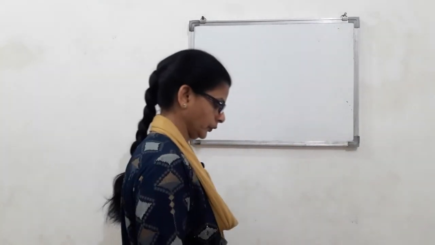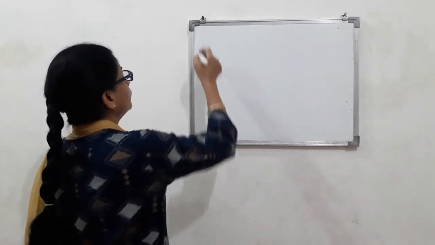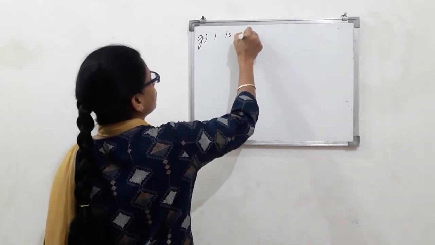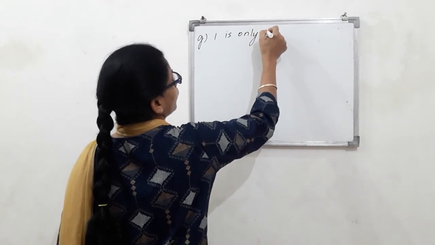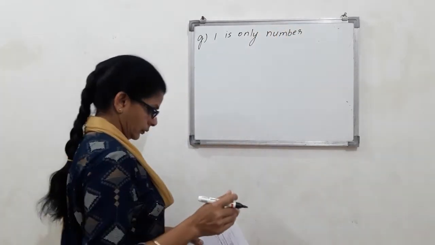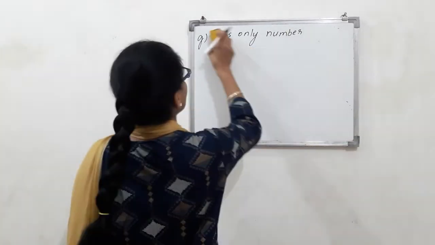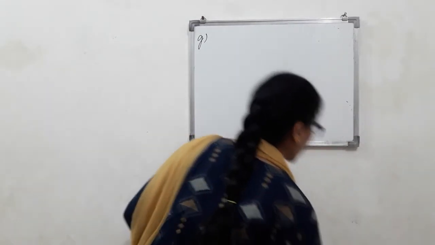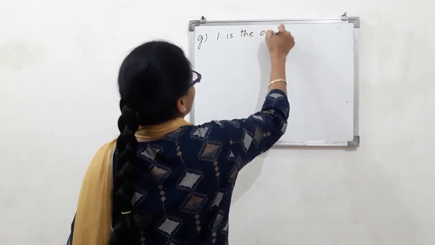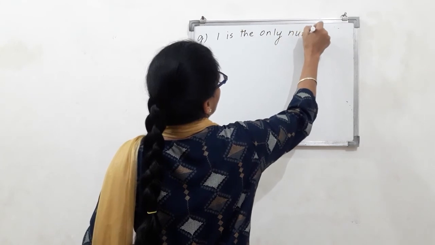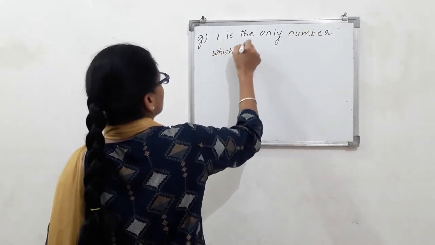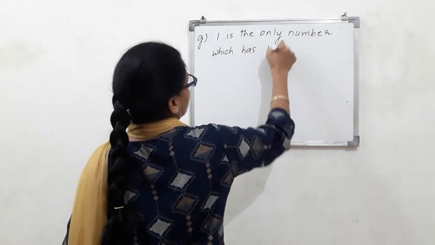Next, G. One is the only number which has one factor.